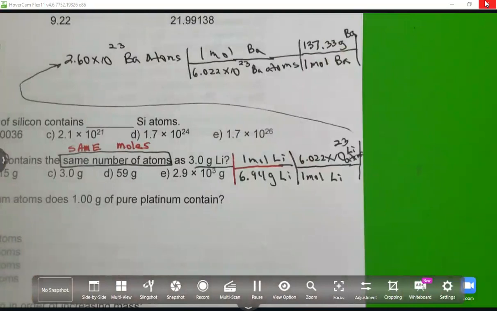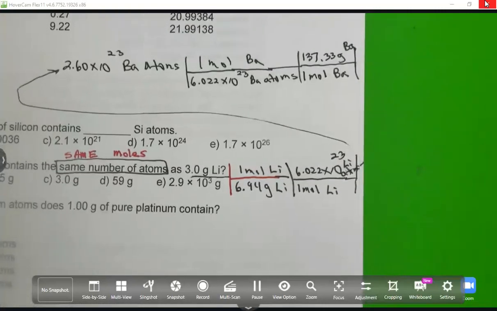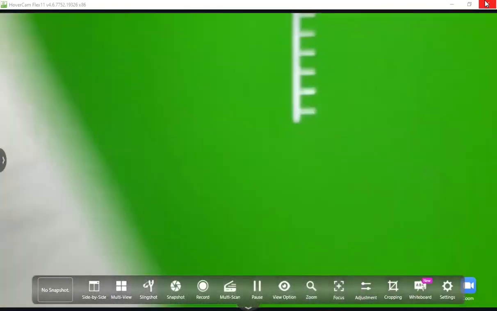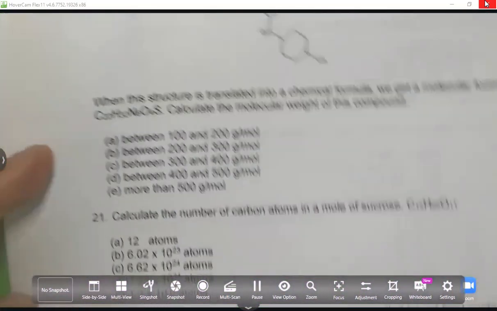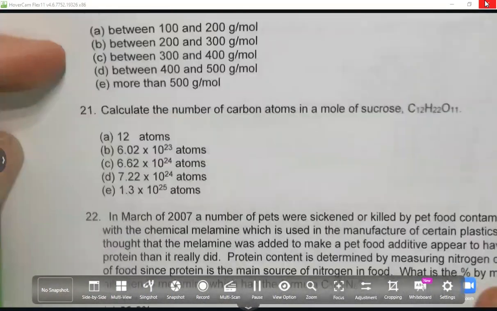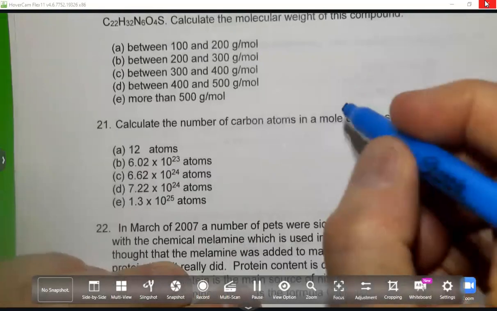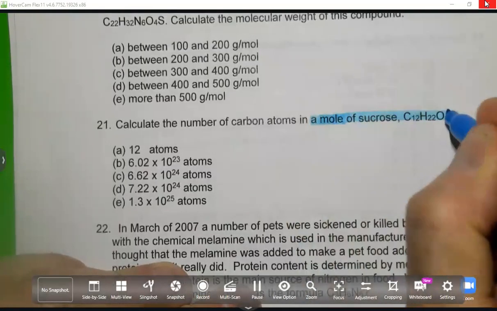Okay, 21. The number of carbon atoms in a... If we have 1 mole, this is a mole of sucrose.